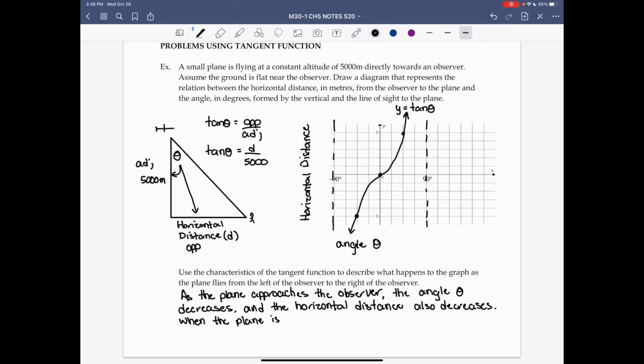When the plane is above the observer, theta and d both equal 0.